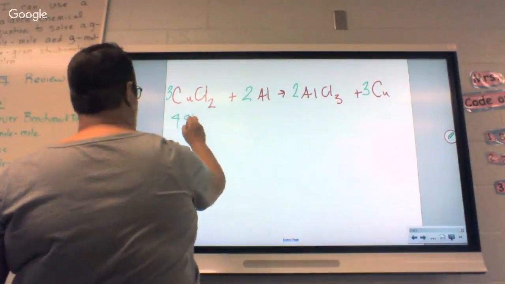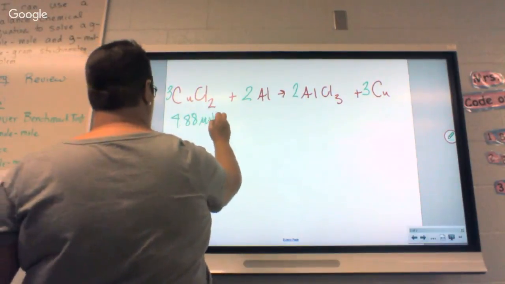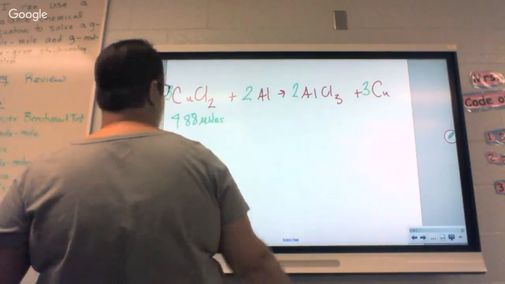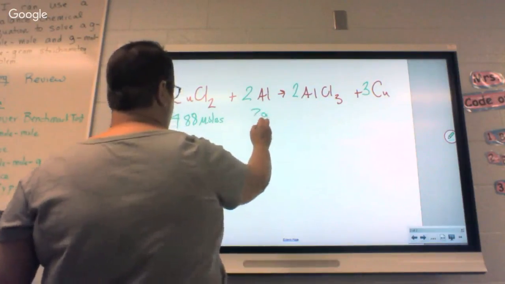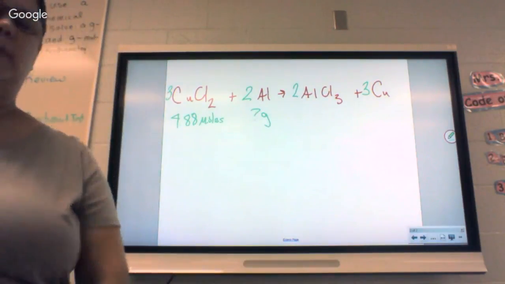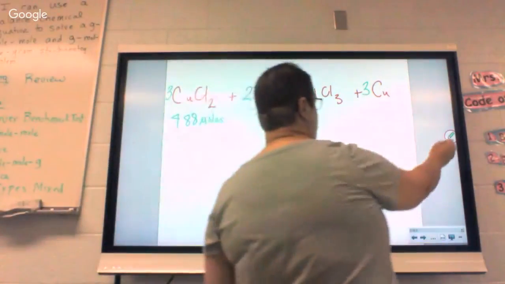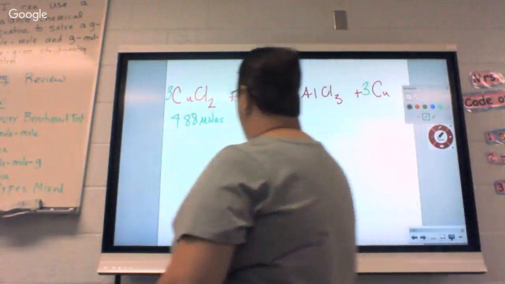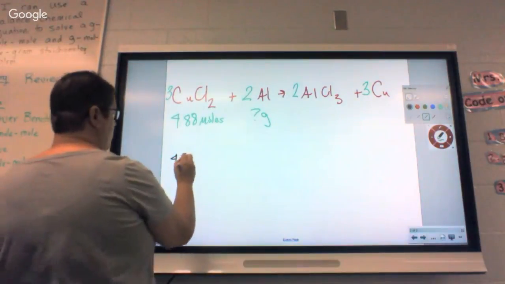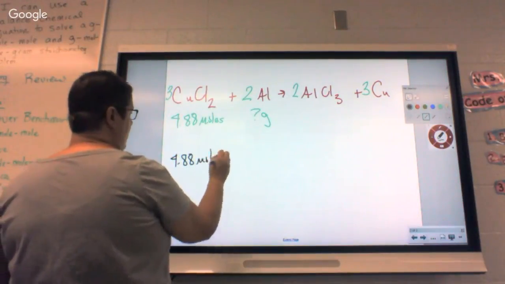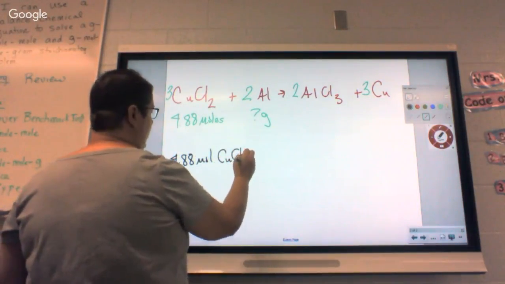So we have 4.88 moles of this. And they asked us for what mass of aluminum, so they're asking us for that in grams. All right, so if we start our chart, we have 4.88 moles of copper 2 chloride.